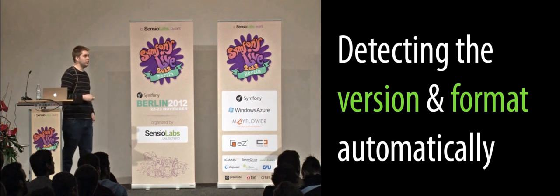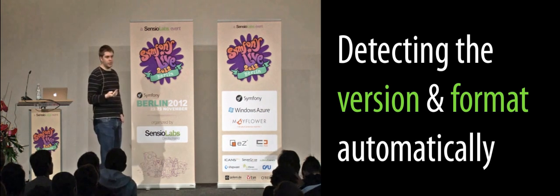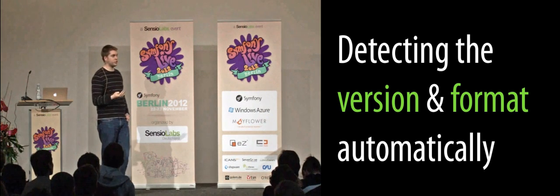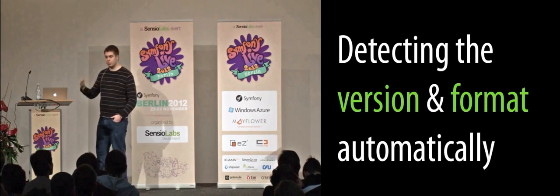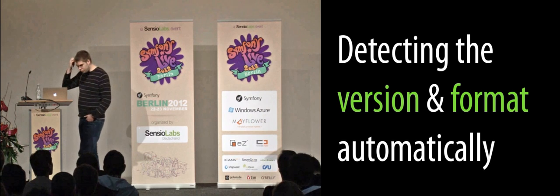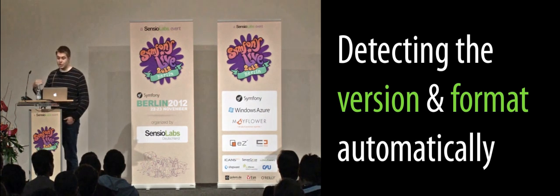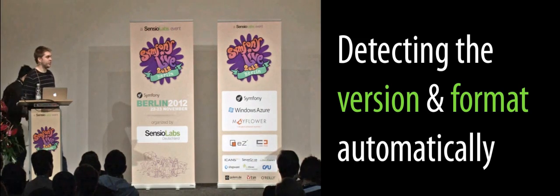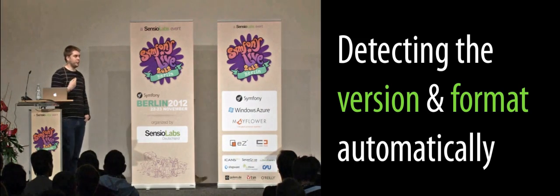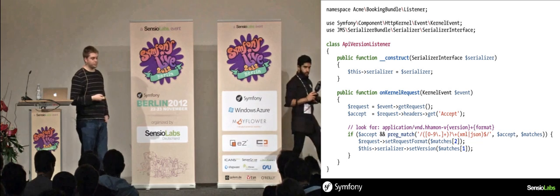So imagine if you have a REST API, so you don't want to set the version every time in your controllers. Every time you want to serialize your object with a specific version, you would like to detect the version and format automatically.